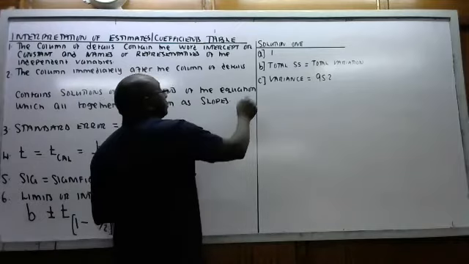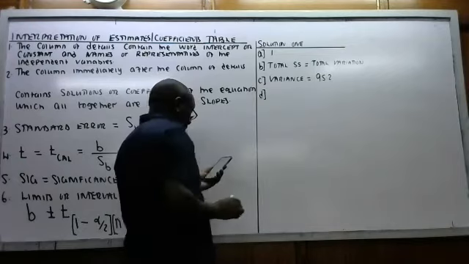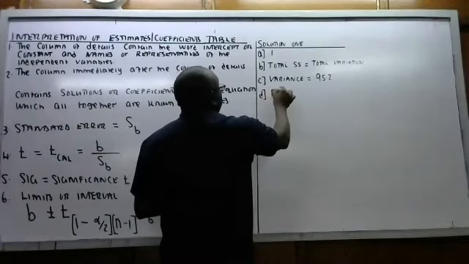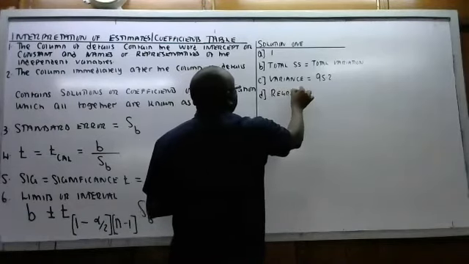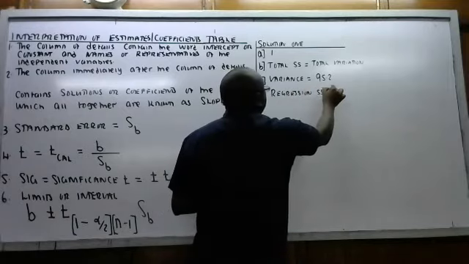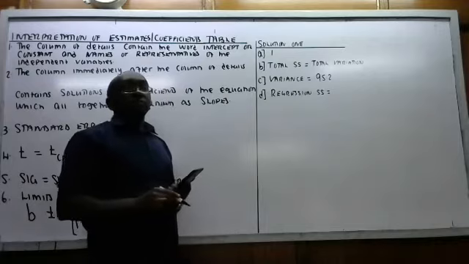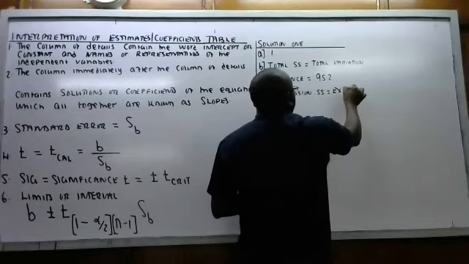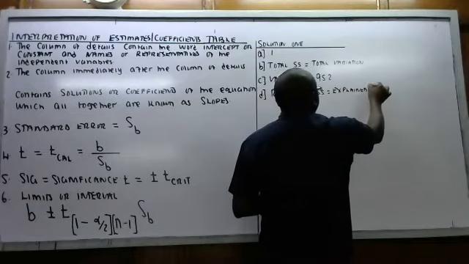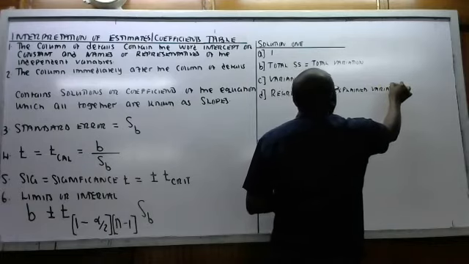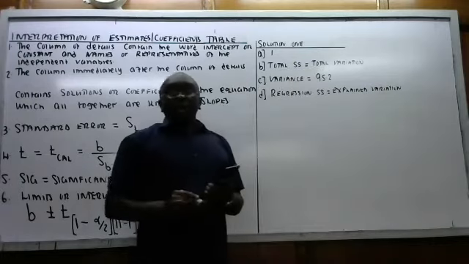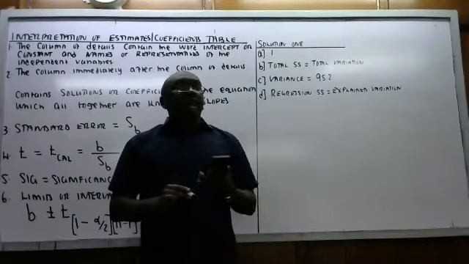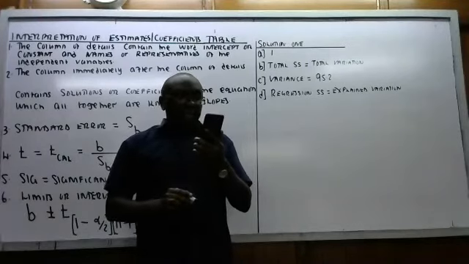Part D, define regression SS. Regression SS, we have said it is called who? Explained variation. Great. And then we are told, explain how its value of 88 is obtained in terms of the others.